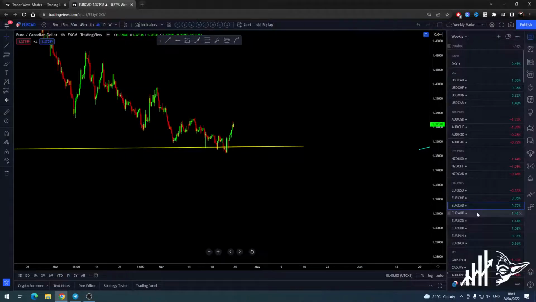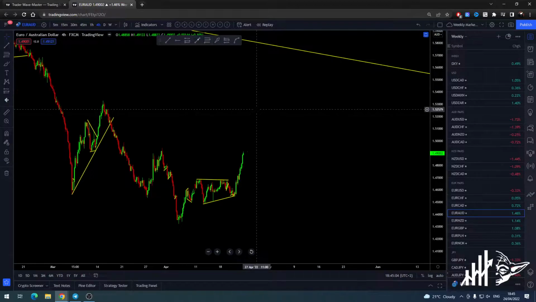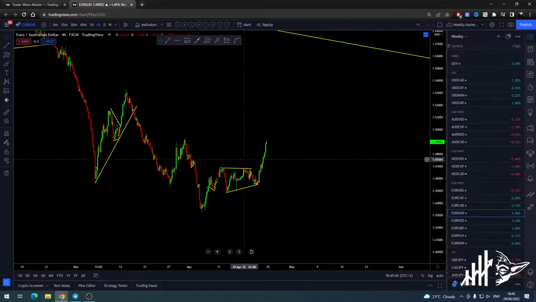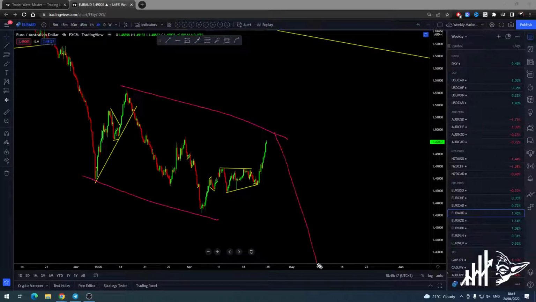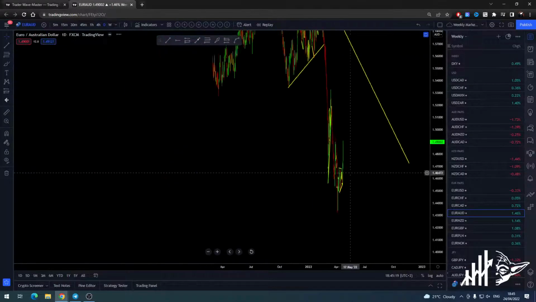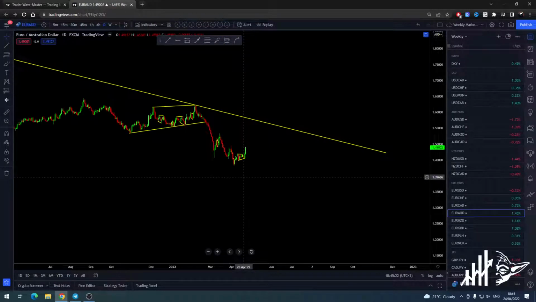Okay, sorry. Euro Aussie. There was some sort of contracting flat, and what this is trying to do is, could this be all of the structure and we are going down? Possible. This could be the daily earning flat. Let me take off this one.